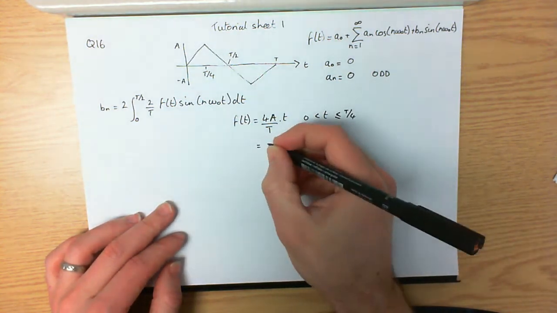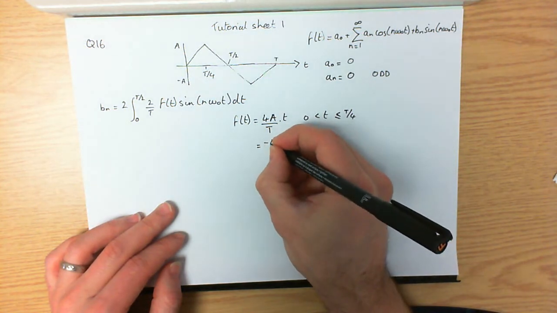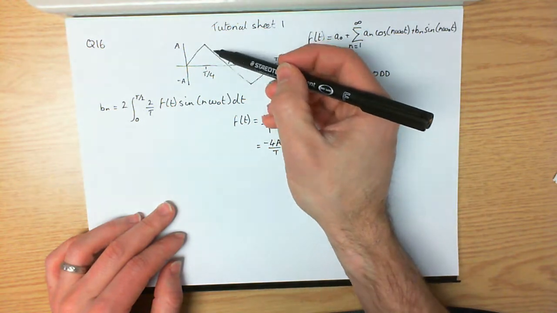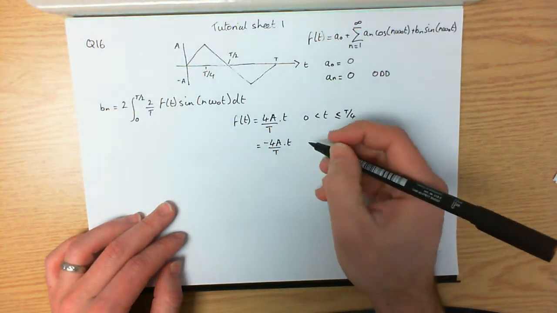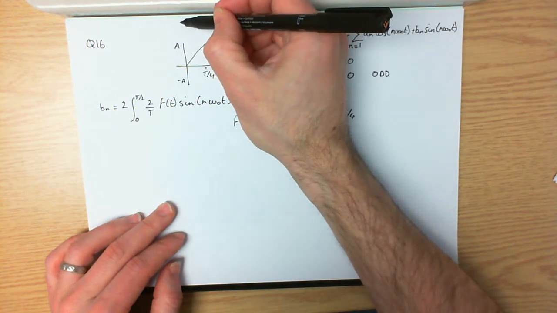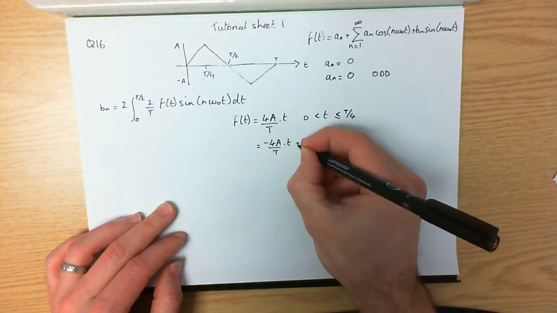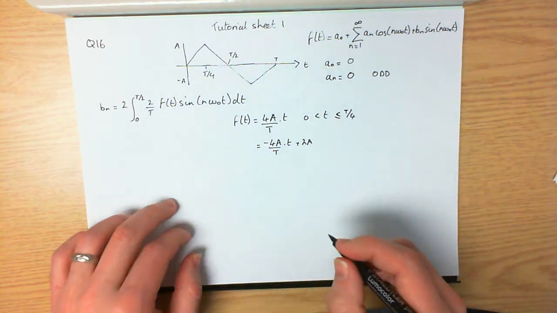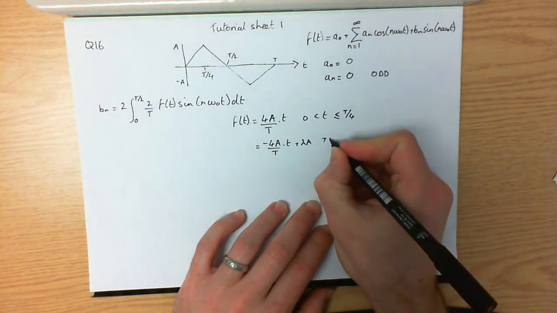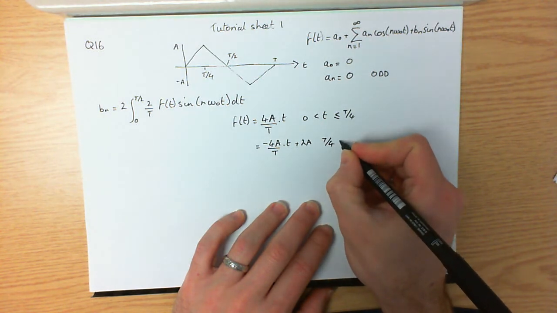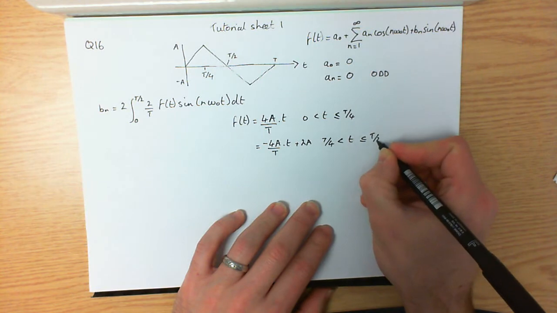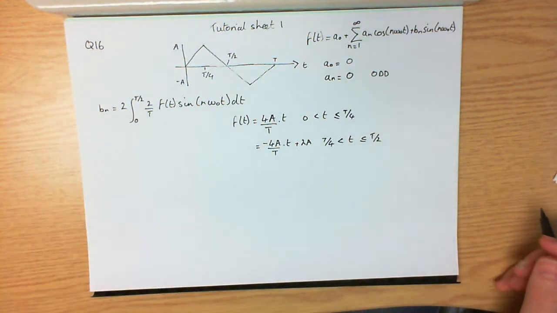Then f of t is going to equal minus 4a over T, so it's the same gradient but a negative version, times t, and then obviously this curve is going to hit the 0 axis here, and that will occur at time 2a, and so that is for T over 4 less than t, less than or equal to T over 2.